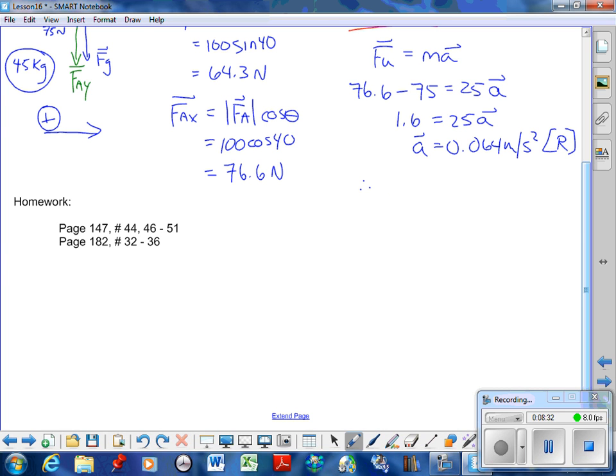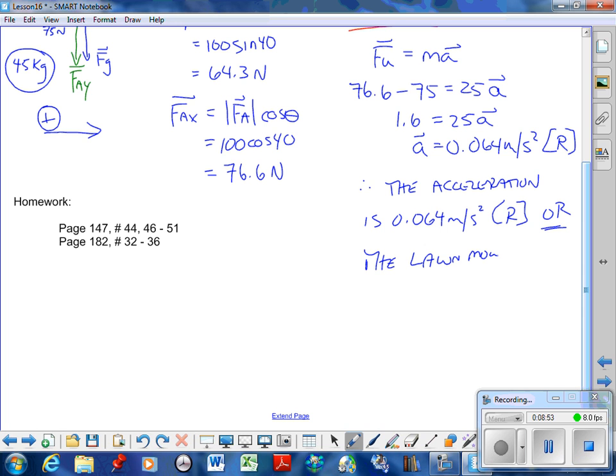So the answer that you give me without thinking: the acceleration is 0.064 meters per second squared to the right, or the lawnmower is being pushed with uniform motion or constant velocity.